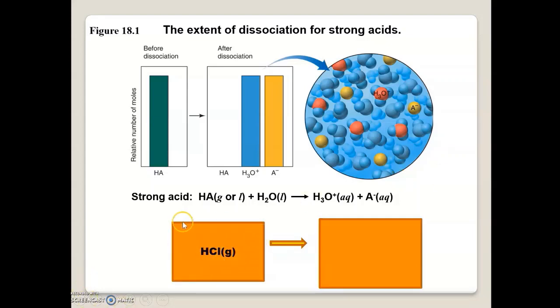If we have 100 molecules of HCl, and we know that HCl is a strong acid, after HCl undergoes dissociation, we have no more HCl; we have H+, Cl-, and H2O. HCl is dissociated when it is dissolved in water.